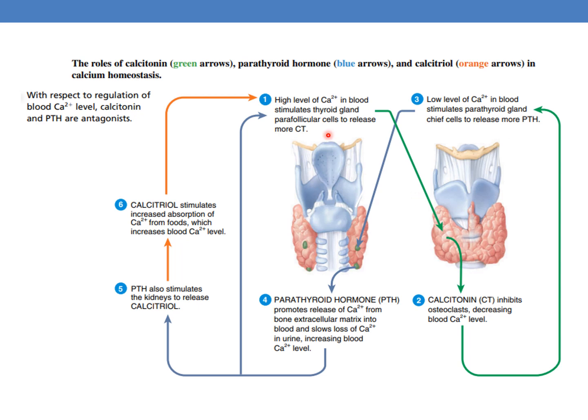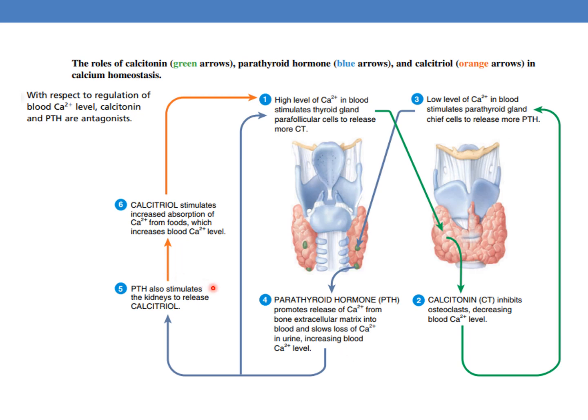Whenever high calcium levels are seen in the blood, the thyroid gland parafollicular cells release calcitonin, which inhibits the osteoclasts, decreasing the blood calcium levels. And whenever low calcium levels are seen in the blood, it stimulates the parathyroid gland chief cells to release more parathyroid hormone. This parathyroid hormone promotes the release of calcium from the bone extracellular matrix into the blood and slows the loss of calcium in urine, increasing the blood calcium levels.